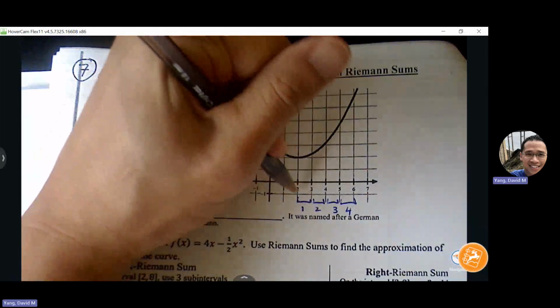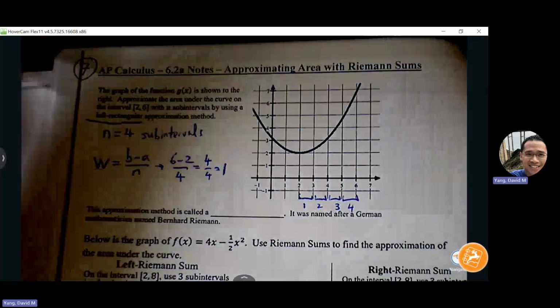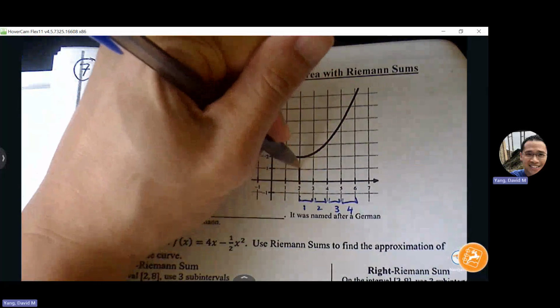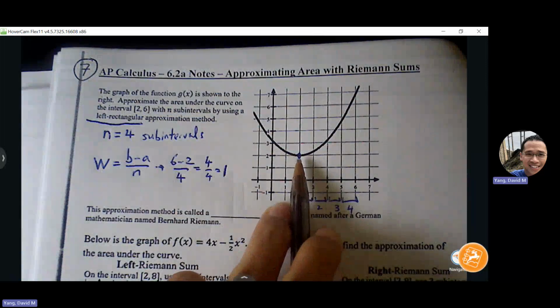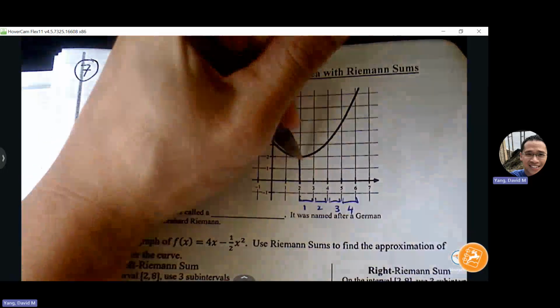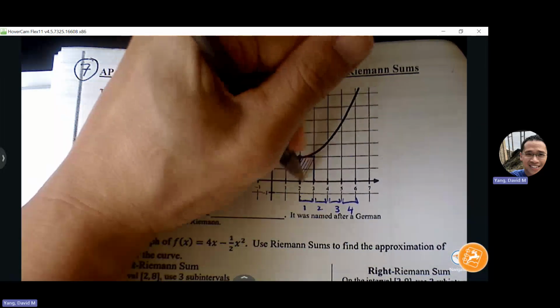So between 2 and 3, I'm going to choose 2 because 2 is the left endpoint of that subinterval. I'm going to attach it to the curve. Now, once you hit that point on the curve, you're going to draw a horizontal line over, because that's going to represent the height of your first subinterval or rectangle.